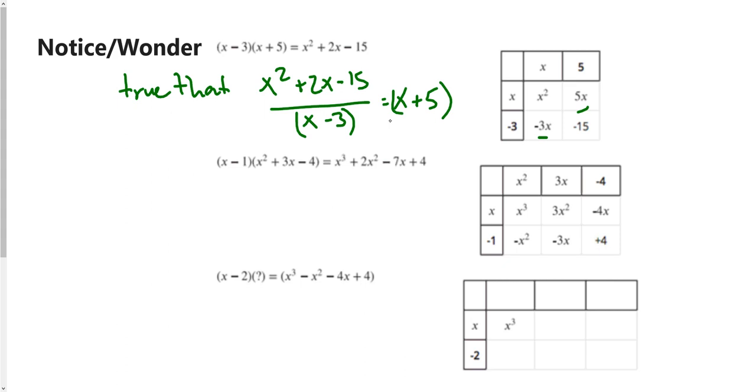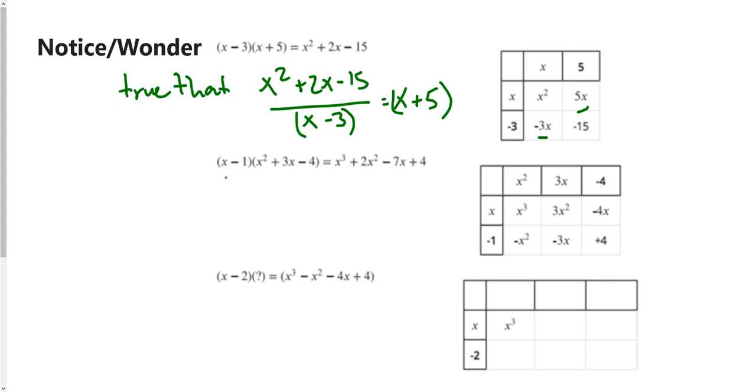But how are we going to come up with that? That's the question. This is true because division is the opposite of multiplication.